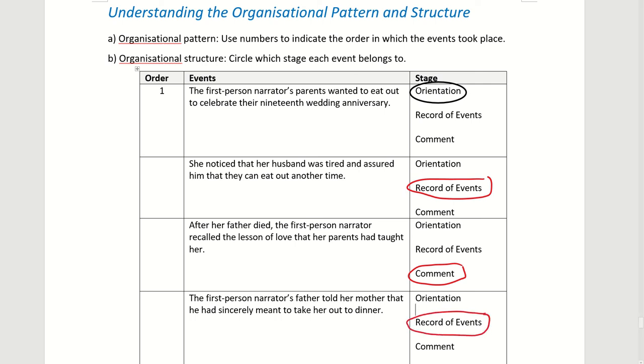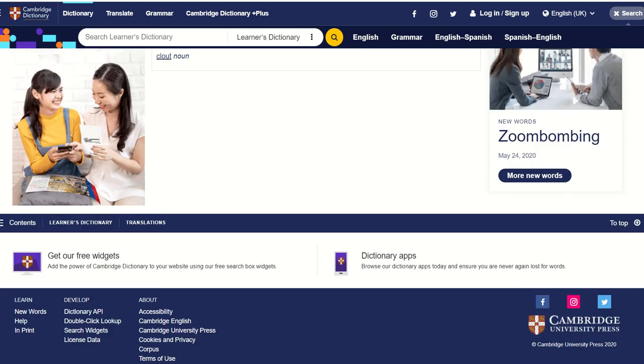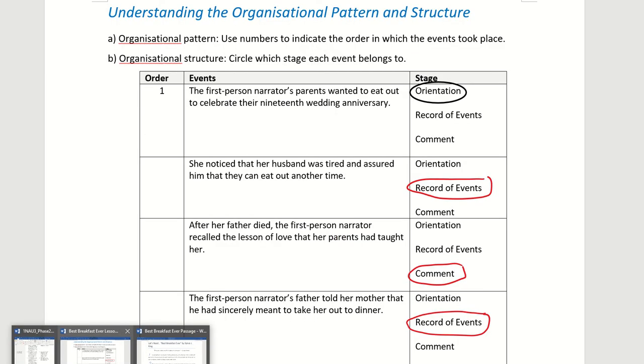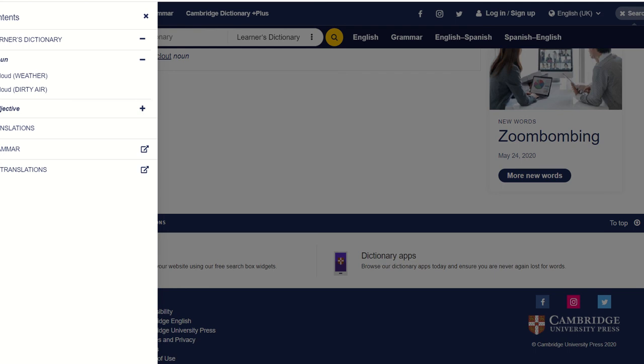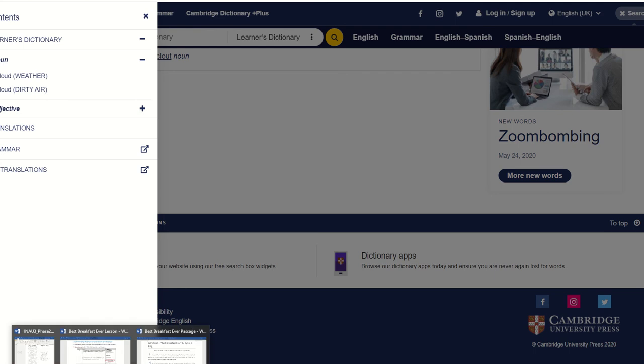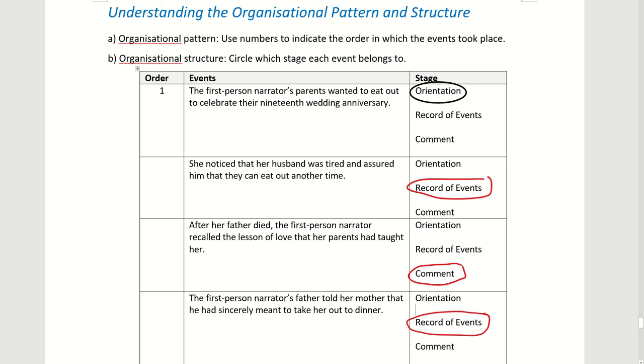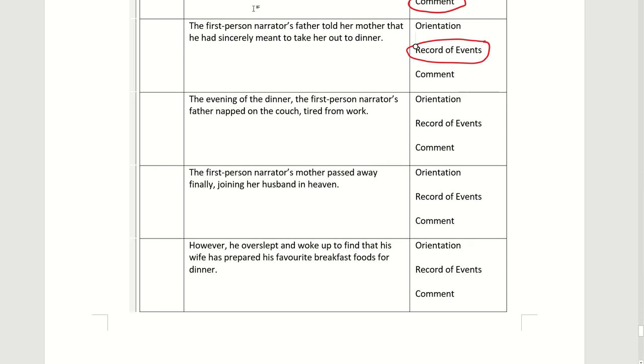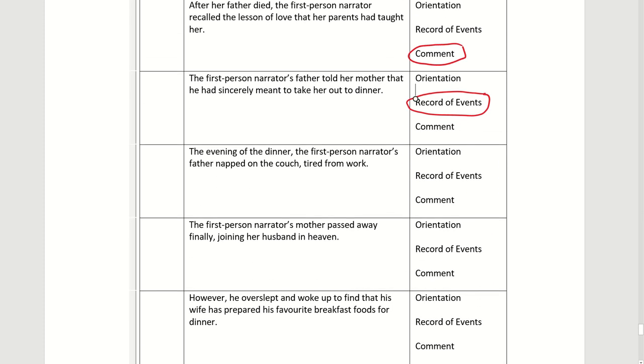Okay, next. Oops, sorry. Okay, sorry, let me try that again. The evening of the dinner, the first person narrator's father napped on the couch, tired from work.